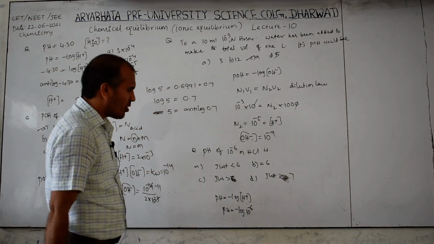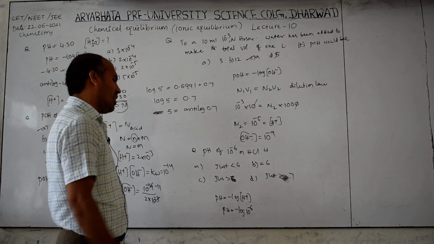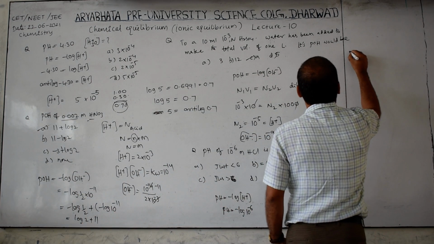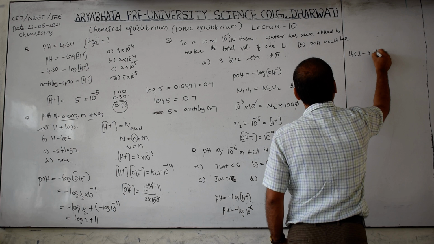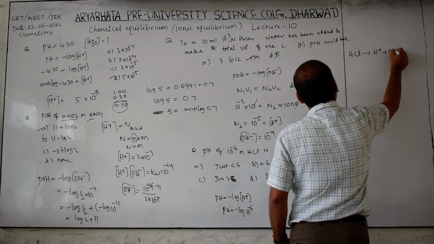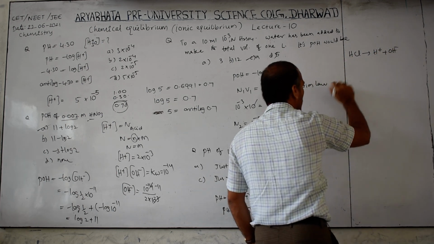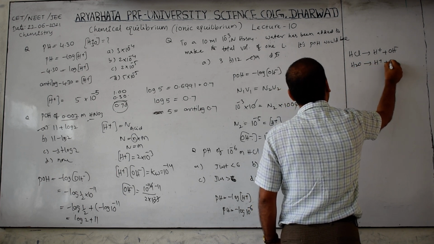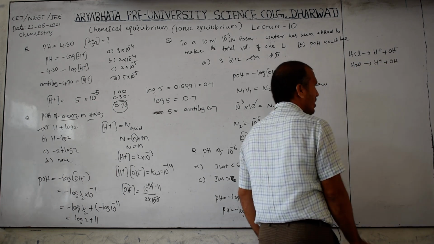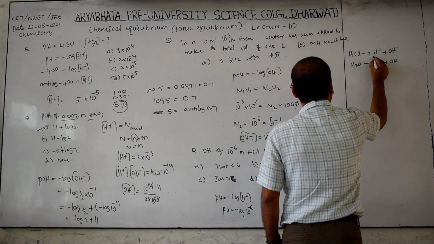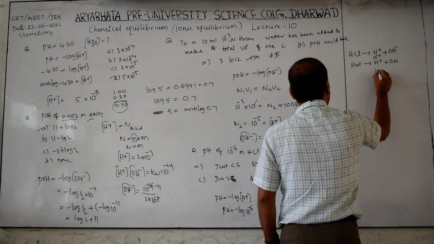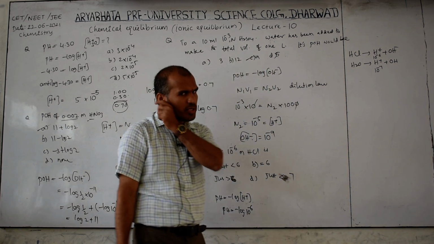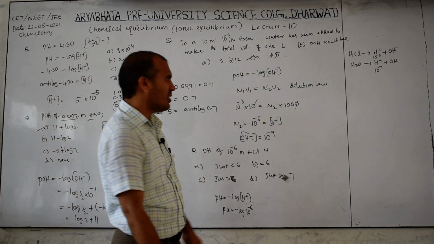Then immediately you will put B, but whether anything changes in the answer or not, now we have to check. How to check this: HCl is ionized into H plus and Cl minus. This is an aqueous solution, meaning water is also there in this, giving H plus and OH minus. Clear? So this concentration is 10 power minus 6, this concentration is 10 power minus 7. We know that in pure water H plus and OH minus are the same, 10 power minus 7.